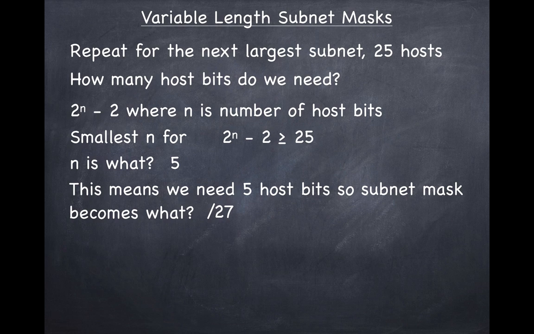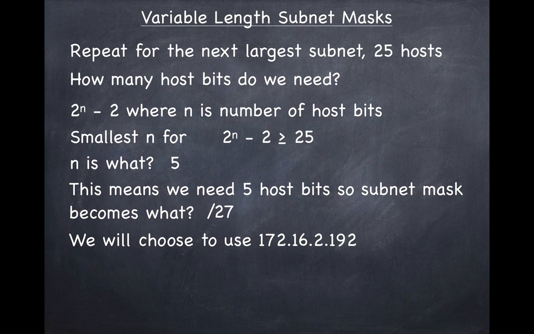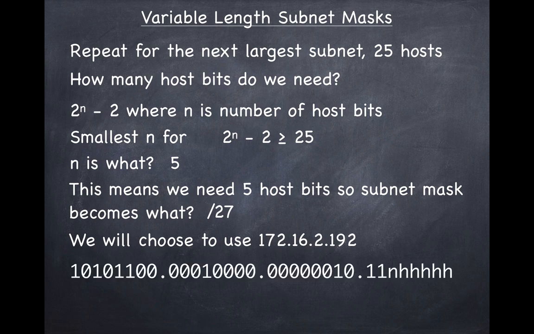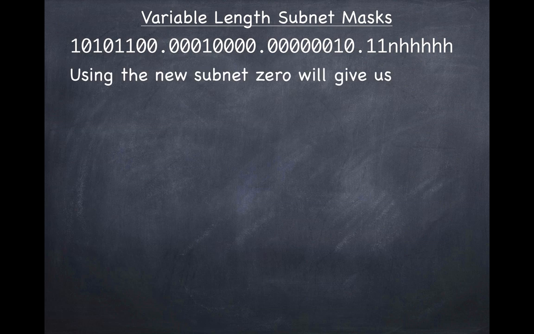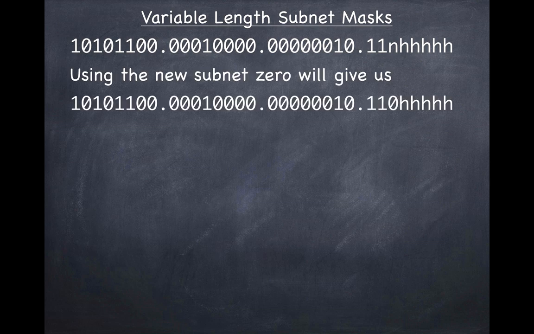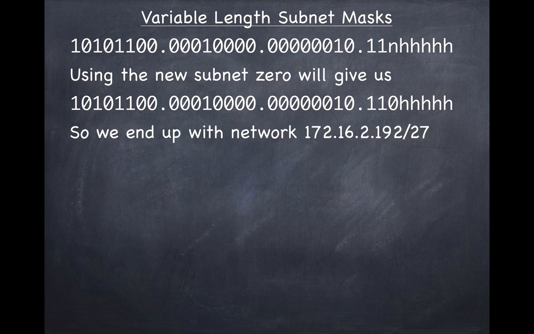If we go to the next network that we have available to us, 2.192, that would give us this scenario. Carrying that over, new subnet 0 would be setting the new network bit to 0. And that would give us, if we set all the other host bits to 0, a network address of 2.192/27.